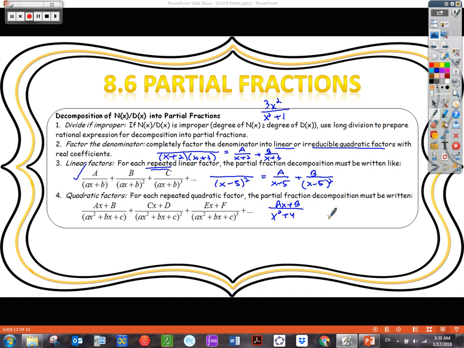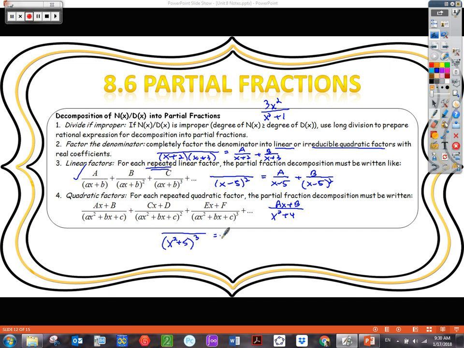Now let's say I have a repeated one. Let's say I have x squared plus 5, and that is cubed. Let's say I factor the denominator of my rational expression, and I get that. So how am I going to expand that? I'm going to use this pattern.